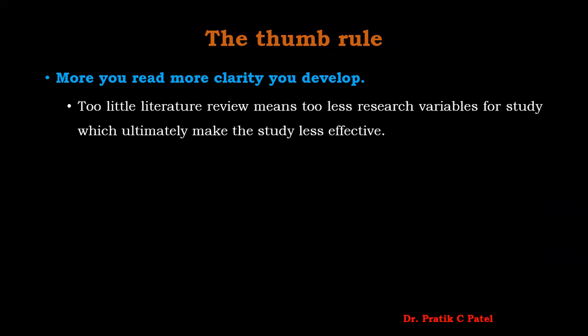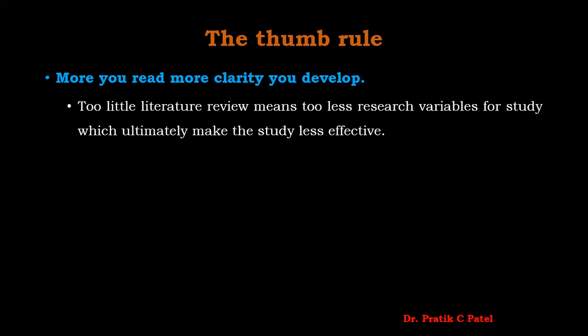Thumb rule is, the more you read, the more clarity you develop. Writing research objectives and specific research objectives is a must, a precondition for effective research. Because your research would be a source of literature review for somebody in future. So while doing it, do it very carefully.